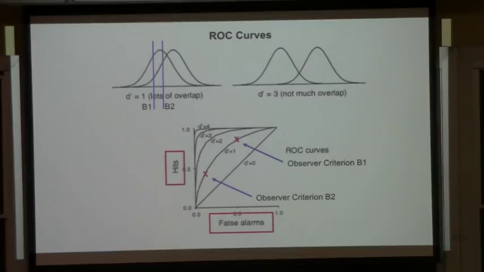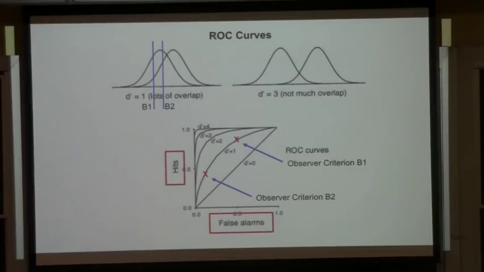Because the hit region is the area under the stimulus curve to the right of the beta. So my hit region at beta 2 is smaller than my hit region under beta 1. Hence, my point comes down in the ROC curve, right? Because we have lower values of hits and lower values of false alarm.